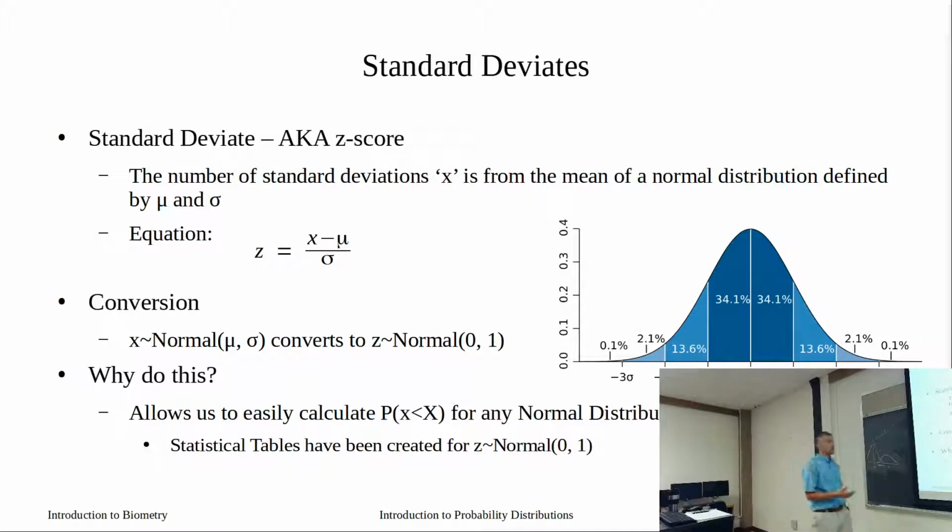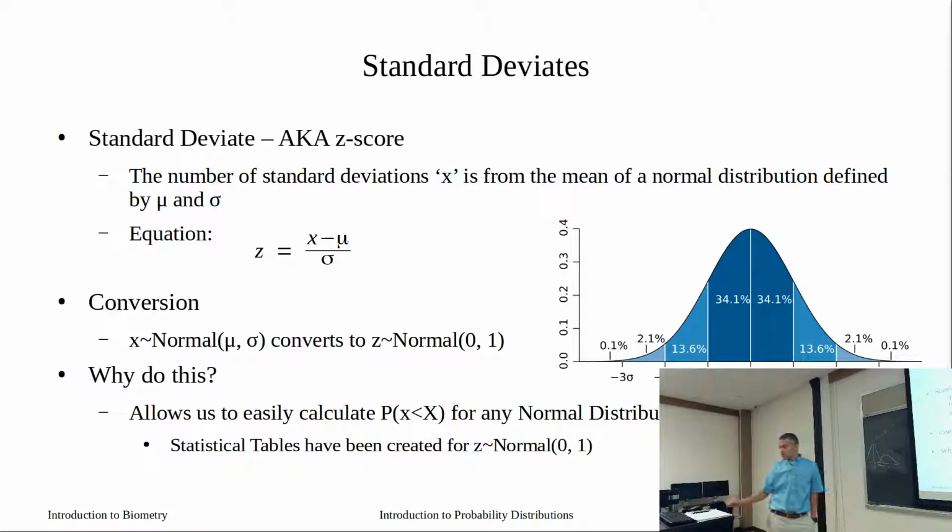And once we have that, then we can use our regular standard tables. R does this. We don't have to do it by hand. We just tell R what our actual distribution is, what our mean and standard deviation, and then R will calculate the z-score for us, and then return the probability.